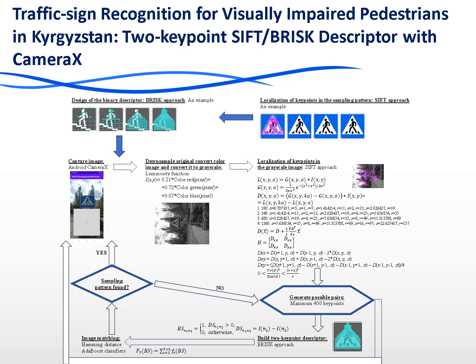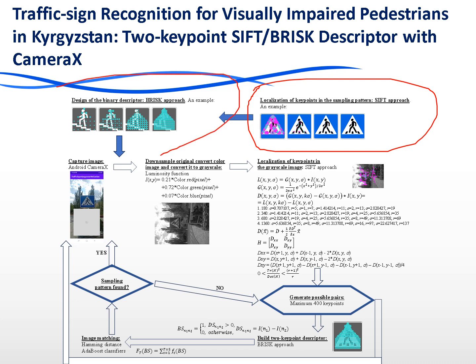This slide shows a diagram of two keypoint SIFT detector and BRISK descriptor with CameraX Android API. So the first step is the generation of all keypoints available on the current image.